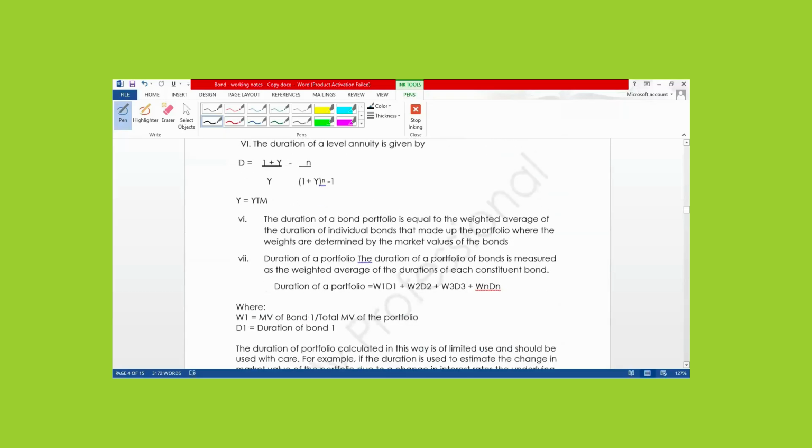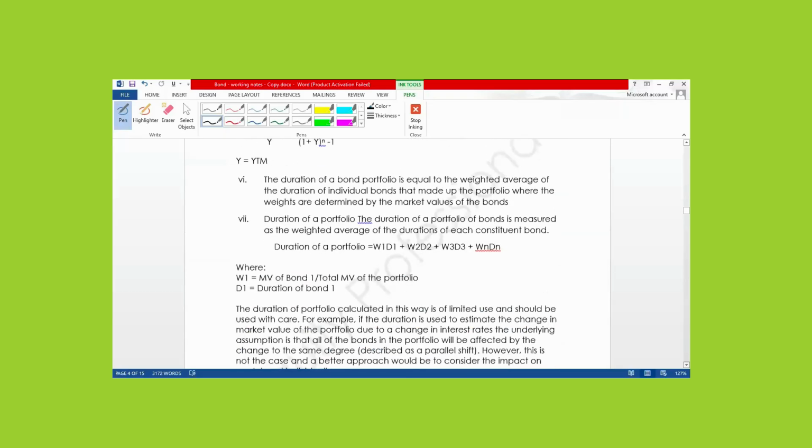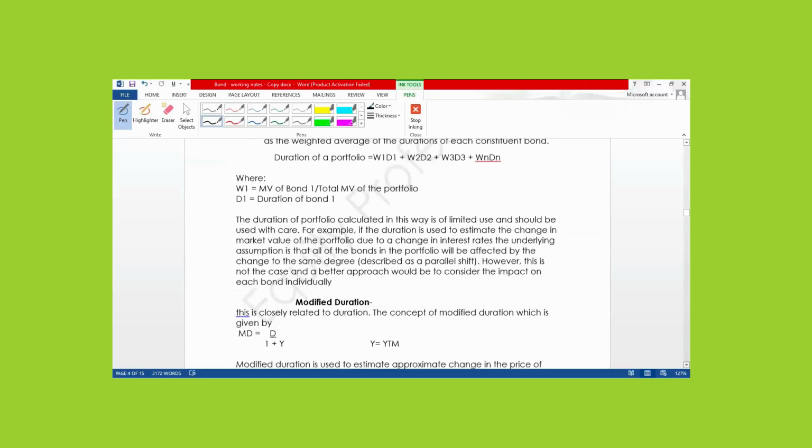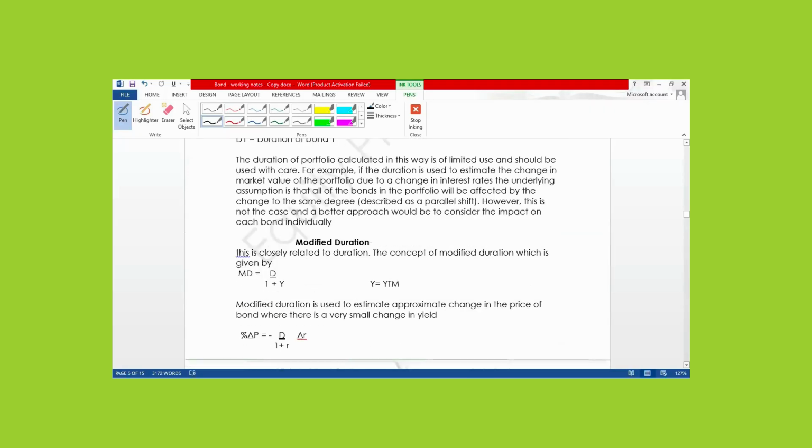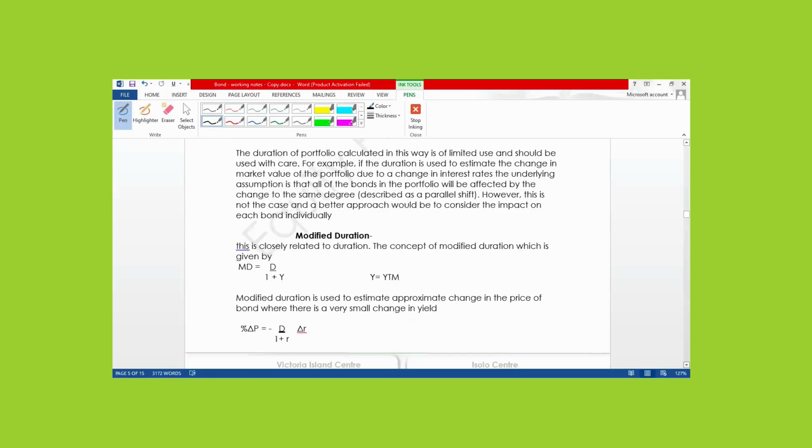Modified duration is closely related to duration.